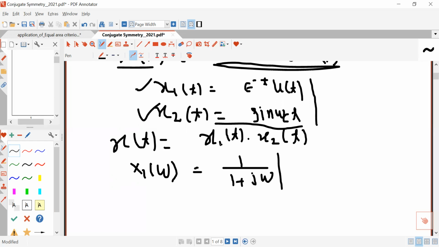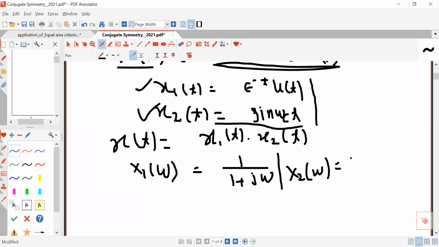And we have also derived the Fourier transform of sine omega_c t in the previous lecture, so go through that lecture.